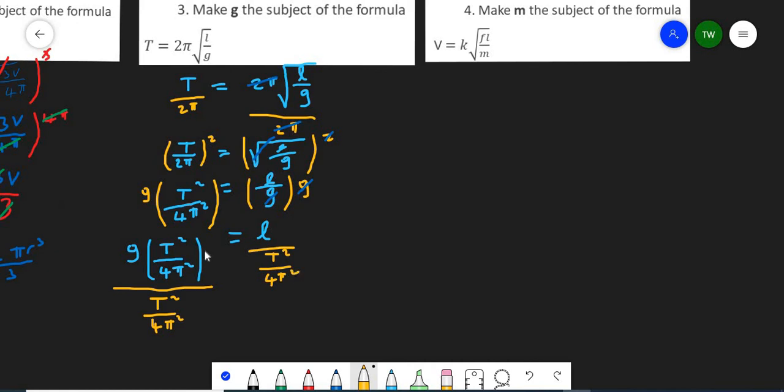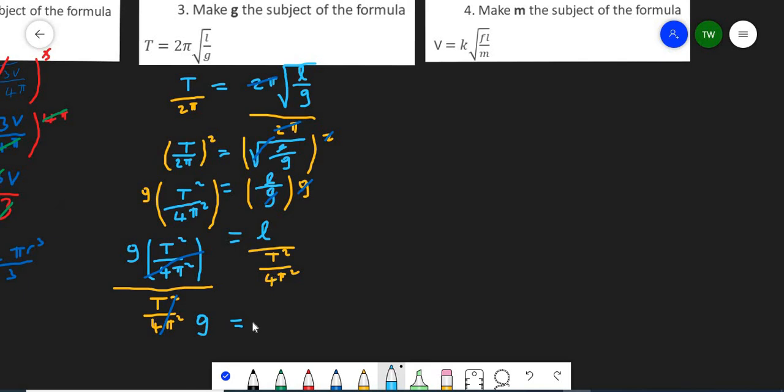then clearly what's inside of the bracket here cancels out what's in the denominator here. So that leaves us back with G there. So on the left hand side we have G, which is going to equal, we can clean this up. Here we have L being divided by a fraction, right?